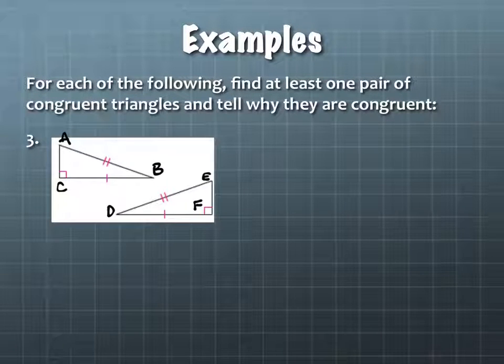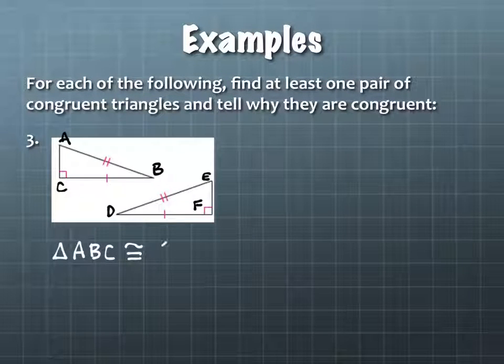All right, so we only have two triangles here, so clearly one of the triangles is triangle ABC. So using our corresponding parts, which angle is congruent to angle A? It's E. Which angle is congruent to B?